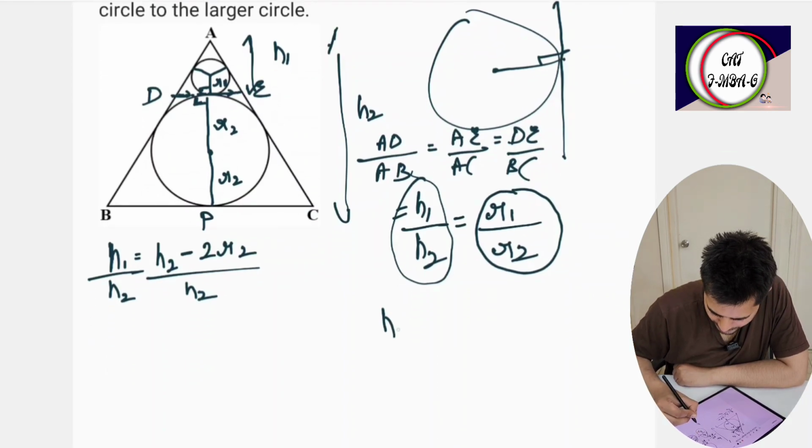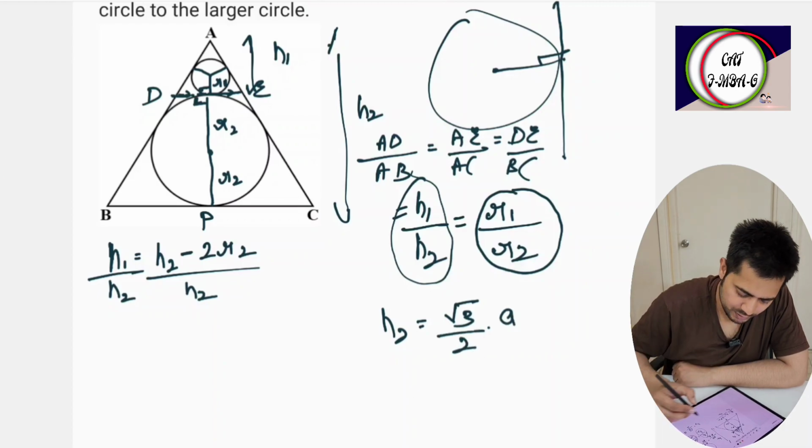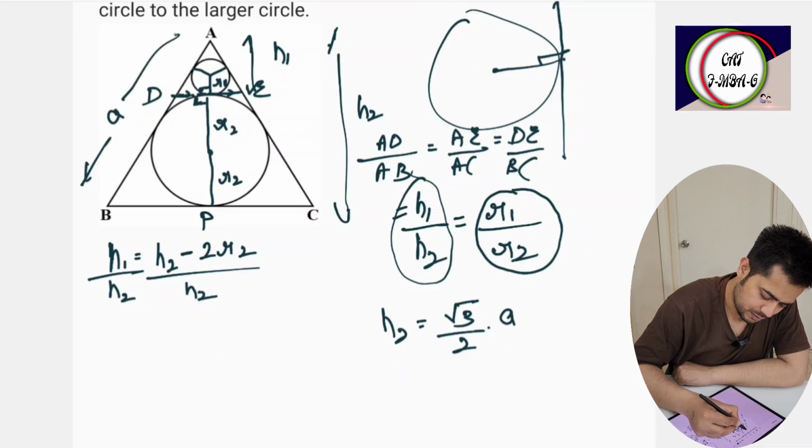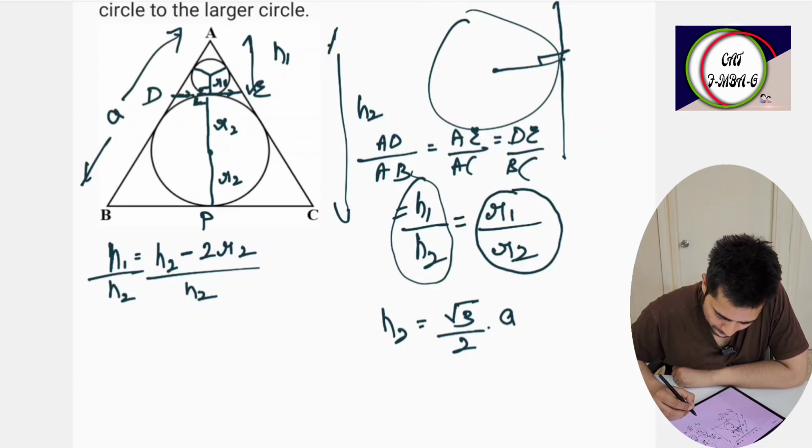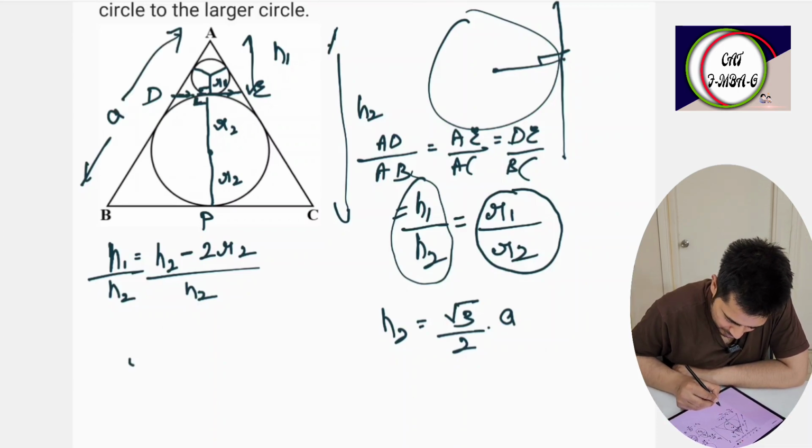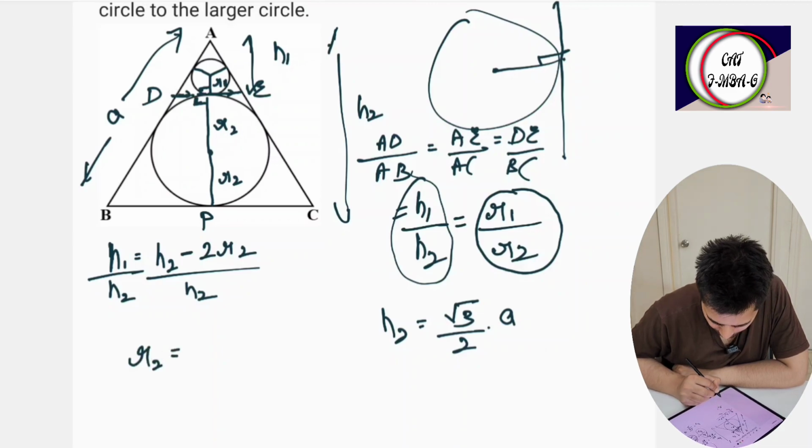Also H2 is the whole height. In the case of an equilateral triangle, it is going to be root 3 by 2 into the side length, let it be A. And for the incenter R2, we know that R2 is given by area by semi perimeter.